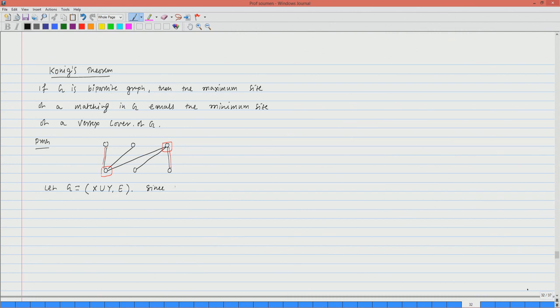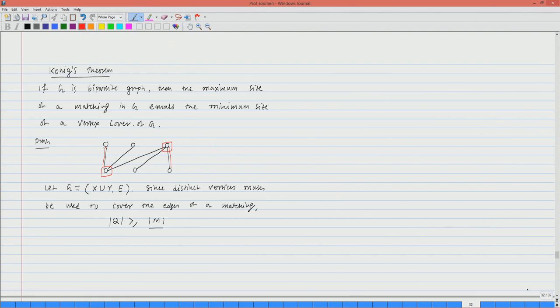Since distinct vertices must be used to cover the edges of a matching, the cardinality of Q, where Q is the minimum vertex cover, must be greater than or equal to the cardinality of M, because this many vertices you need to cover.